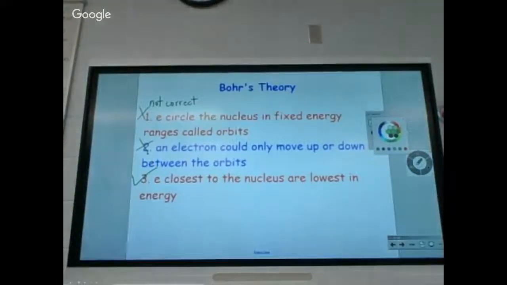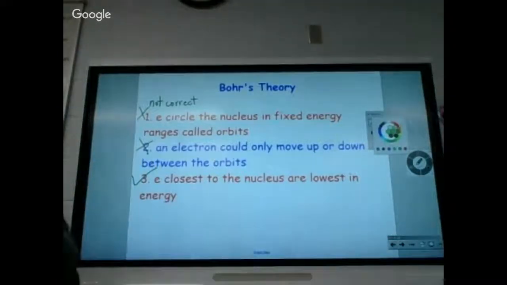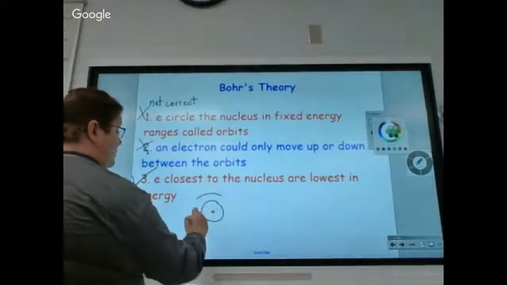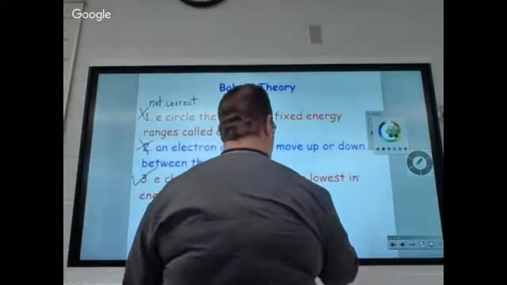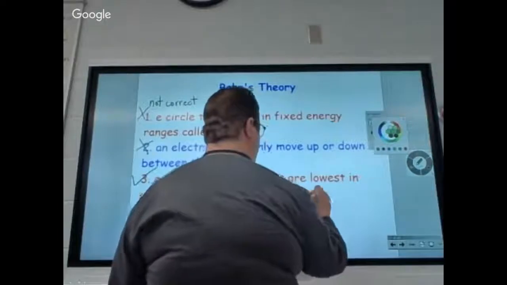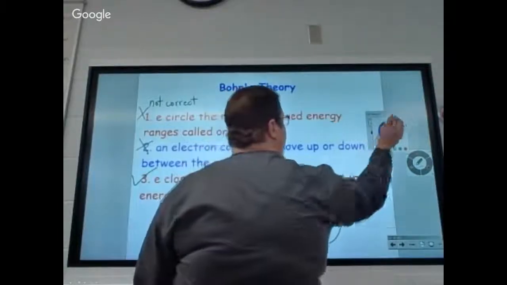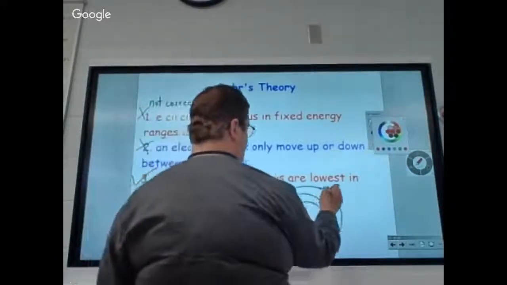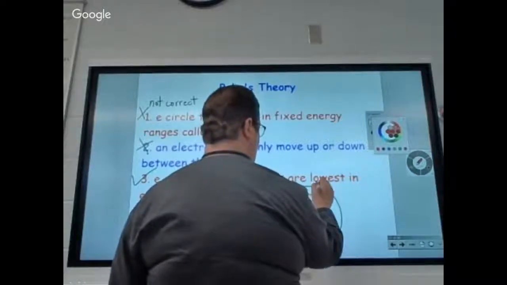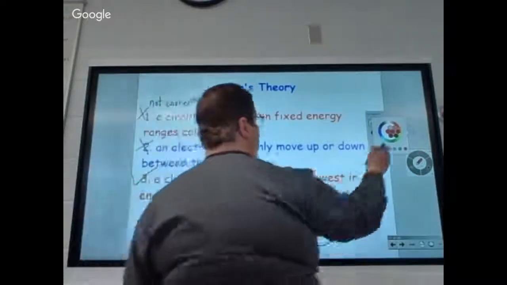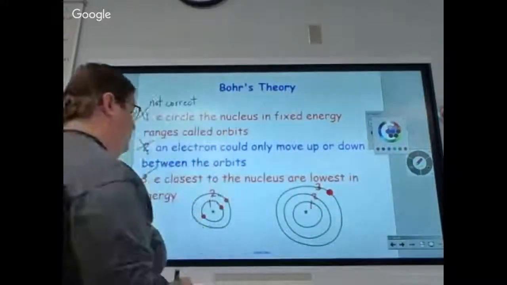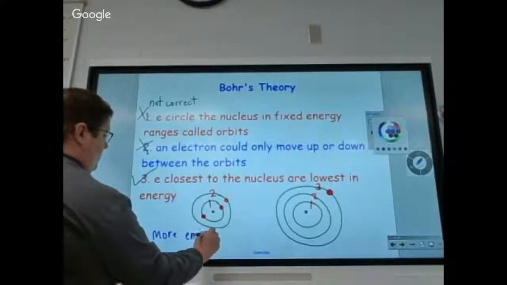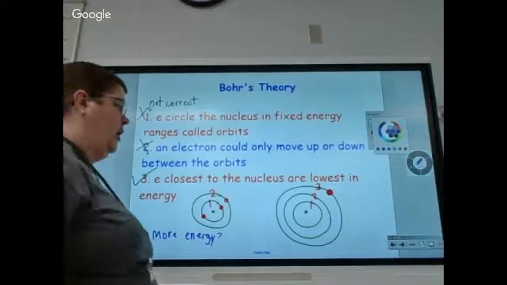The electrons closest to the nucleus are lowest in energy. So if you look at a model that has two rings, and one that has three rings, which one would have more energy?